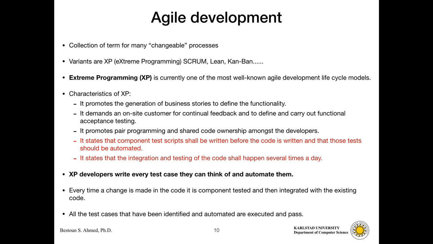Sometimes you have other terms in agile, like XP, which is extreme programming. We also have Scrum and Lean and Kanban and many other new terms in Agile. But in general, these terms are all Agile development. Extreme programming is currently one of the most well-known Agile development life cycles.